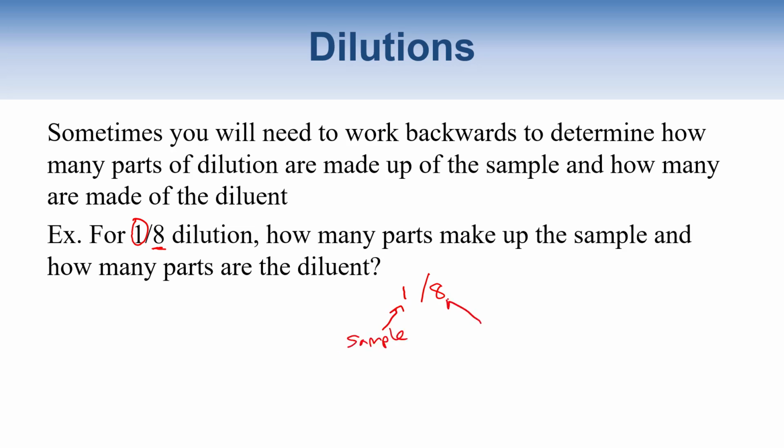This number here is the sample plus the diluent. So if we have 1 for our sample, then we would have 8 minus 1 to give us the diluent. So our sample is 1, our diluent is 7.